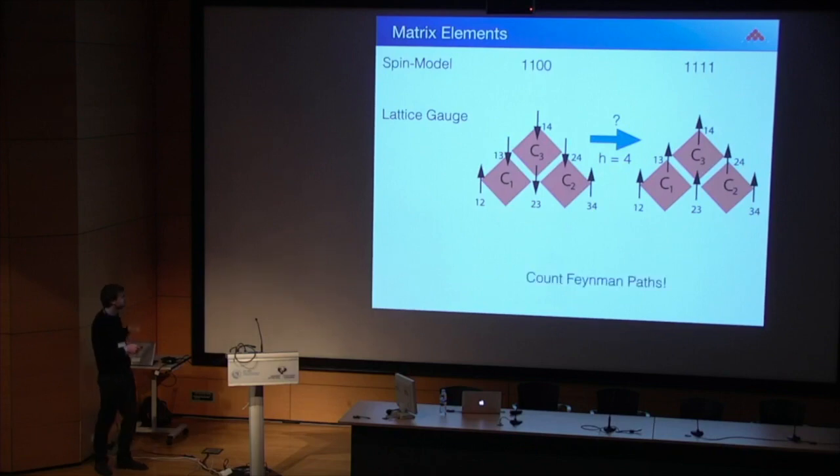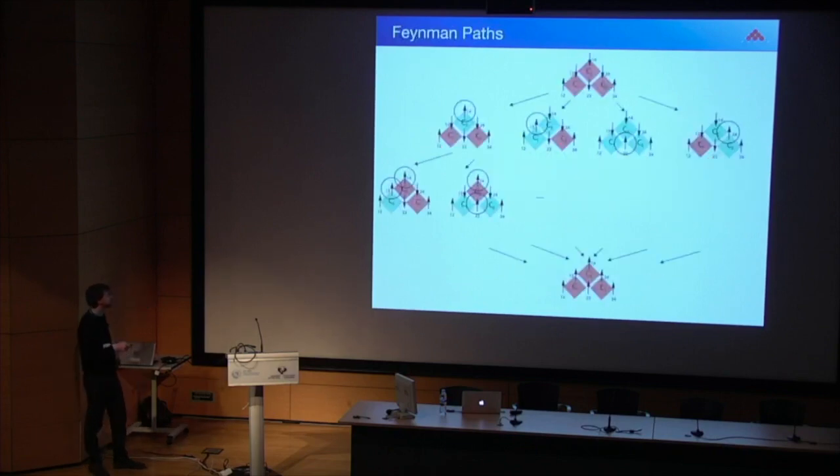Now let's count the Feynman paths. If we do this, it means we have to go from these 4 down to all of them up. So in the first step, we can either flip the top one, or this one, or this one, or this one. So there's 4 possibilities. And depending on which one we flip, we actually get different energy penalties.